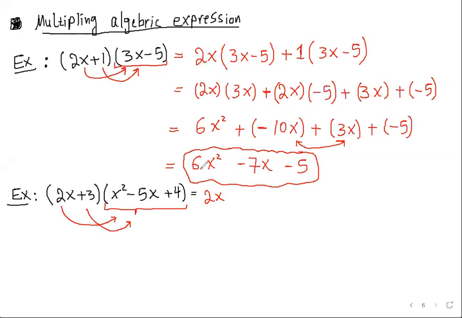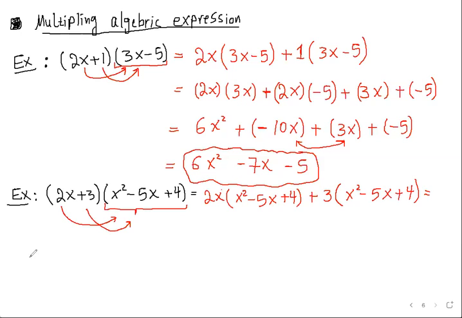Can you explain how you do it step by step? Sure. So 2x times x squared minus 5x plus 4. Exactly. Then plus what? 3 times x squared minus 5x plus 4.